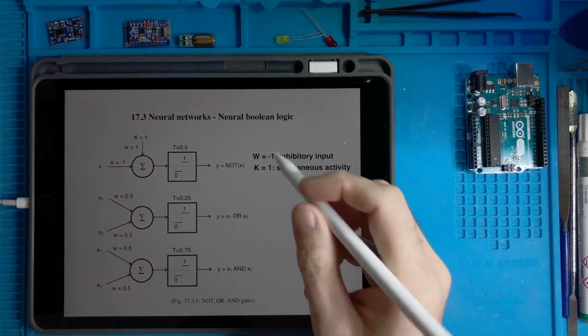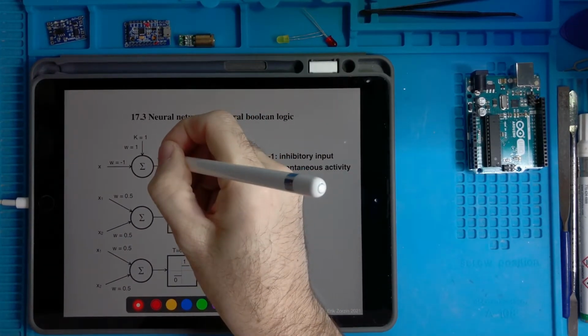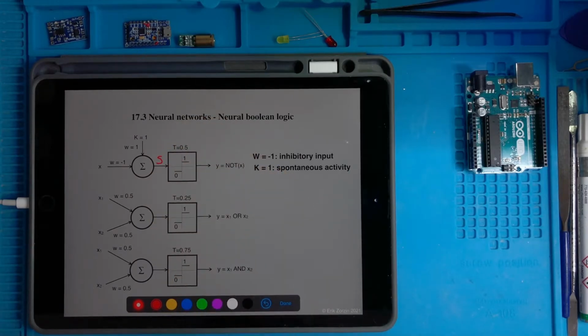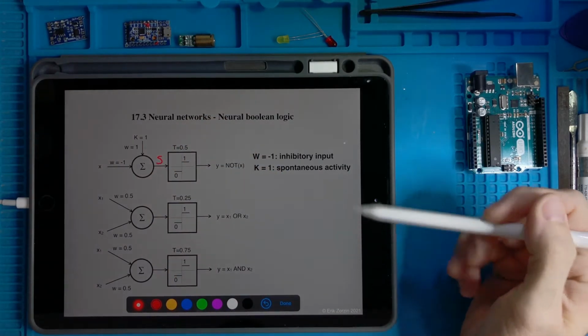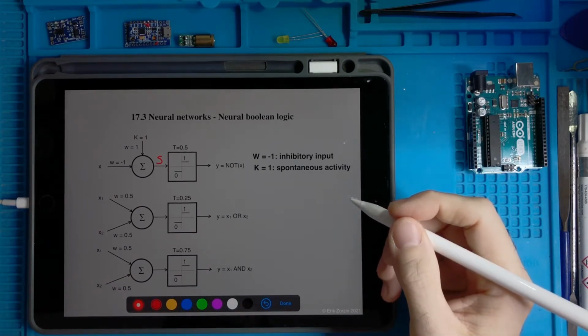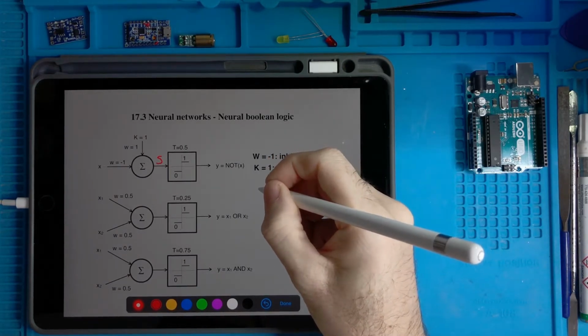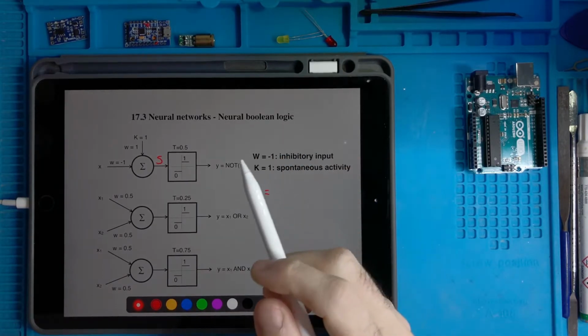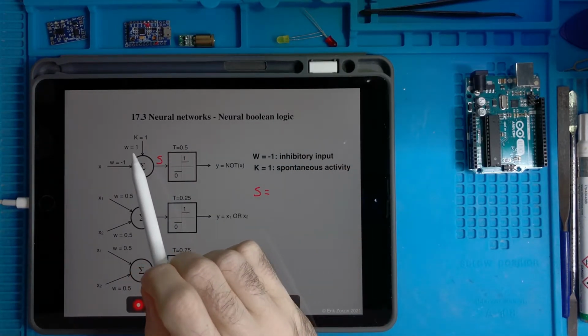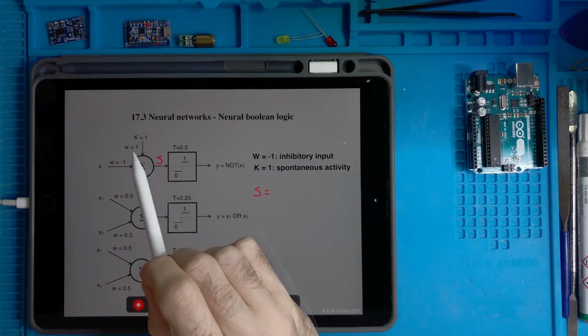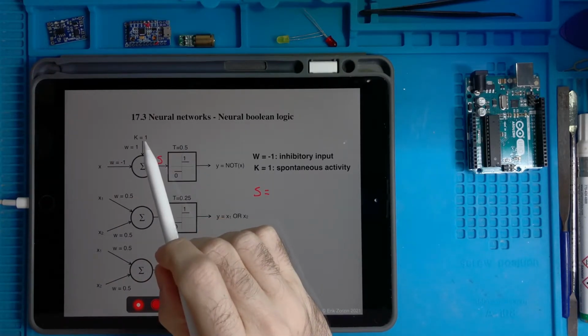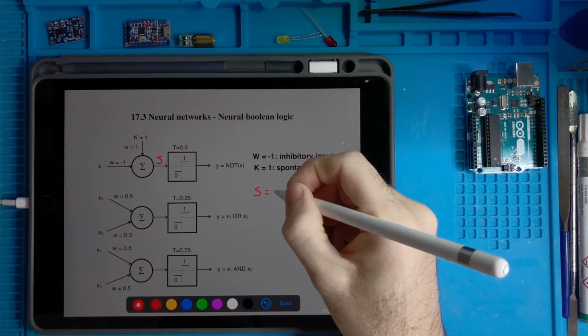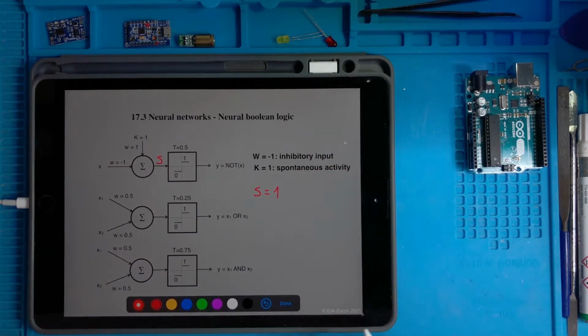So let's try to calculate what is the output of this summating node. We do this here aside. Okay, so the summating node is a coefficient which is 1, this w, multiplied by the input which is 1. So 1 by 1 makes 1 all the time.